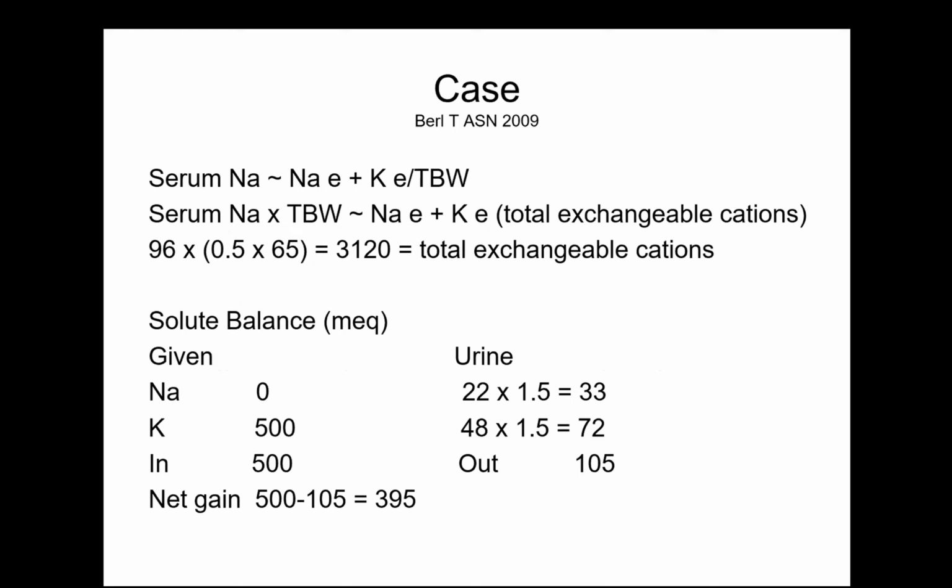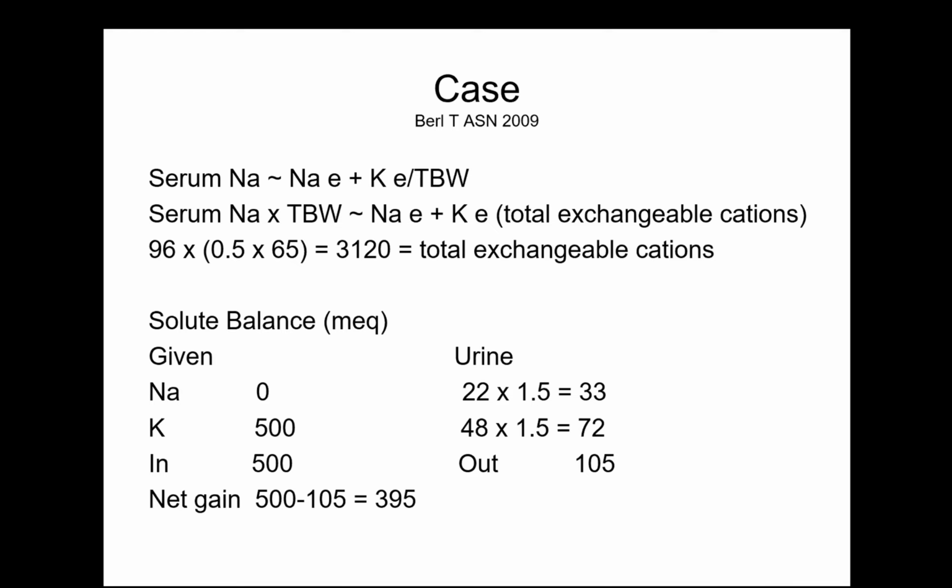So what did we give? We didn't give any sodium, right? We gave 500 milliequivalents of potassium. So for the net gain, we gave 500 milliequivalents of potassium, but she lost 22 milliequivalents of sodium per liter of urine, and she put out 1.5 liters. So she lost 33 milliequivalents of sodium in her urine. Her urine also had 48 milliequivalents of potassium per liter, and she put out the same 1.5 liters of urine.